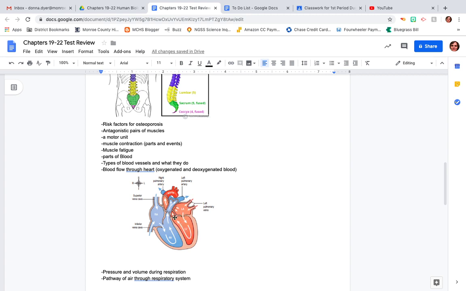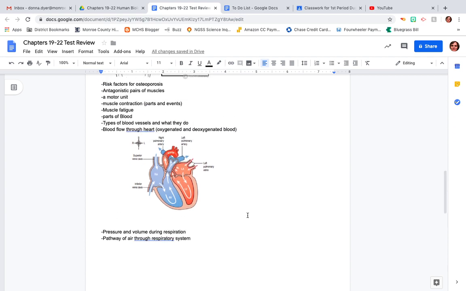From the left ventricle, it will go through the aortic valve into the aorta to be distributed to the entire body. So this is the oxygenated side, which is why it is red. The left side of the heart receives oxygenated blood from the lungs and pumps it out to the entire body so that oxygen can be carried to the tissues to keep the cells alive. The blood is carried through the aorta to the body.